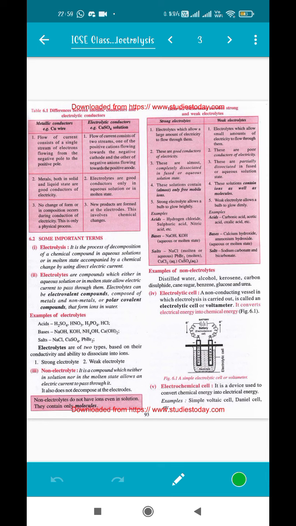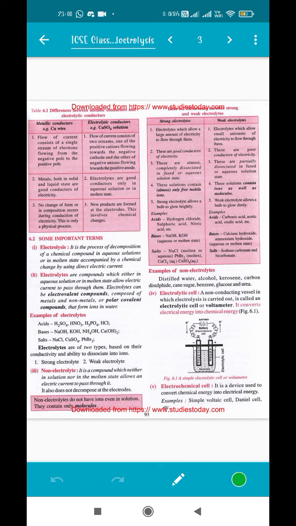In the chapter acids, bases and salts, we have studied that acetic acid is a very weak acid. Why? Because whenever it is dissolved in water, it will form only a few hydronium ions, but it will also remain as acetic acid molecules. It will also form acetate ions, which are not very good for conducting electricity. So acetic acid will be a weak electrolyte.